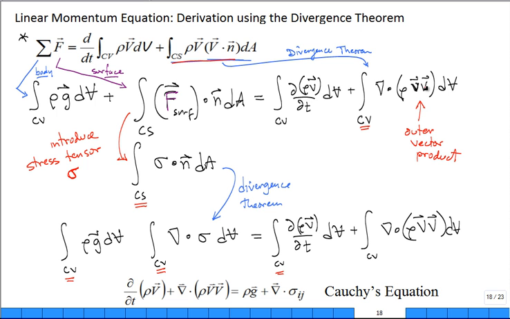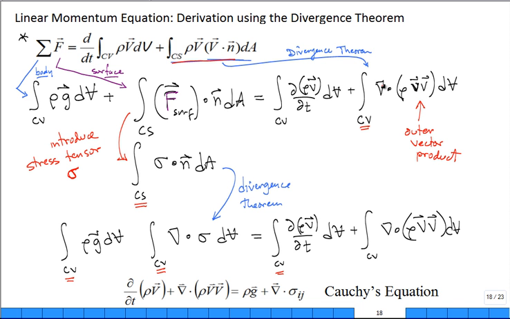Notice that when you do the divergence of a rho v, v dot n, you pick up an outer vector product. It looks funny when you see it. It's just VV. I doubt they showed it to you in EA class. Maybe they did. It's in your book, though. Believe me, like a lot of other stuff is in your book.